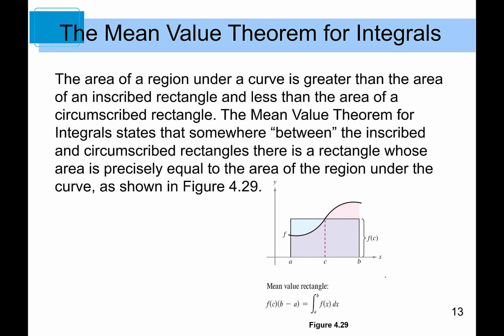The mean value theorem for integrals states that somewhere between the inscribed and the circumscribed rectangle, there's a rectangle whose area is precisely equal to the area of the region under the curve. So how this works is you carefully find the point c, since we're trying to find the area under the curve here.